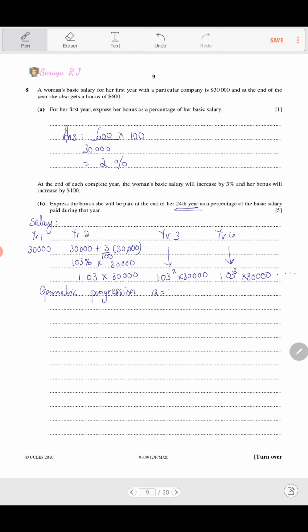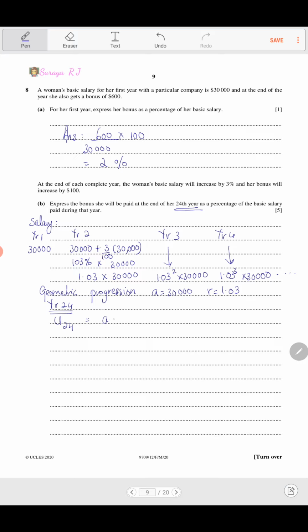First term is 30,000 and the common ratio is 1.03. And in year 24, her basic salary will be, we use the formula for the nth term of a geometric progression. Here we are considering year 24, that is the 24th term.